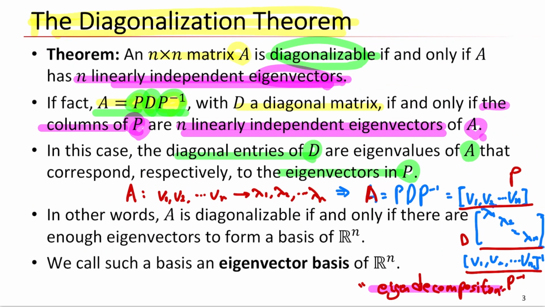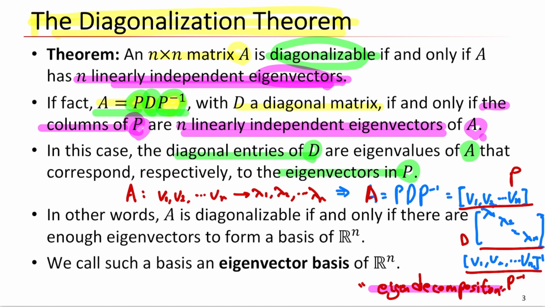So many applications that are based on linear algebra can be easily solved by this diagonalization theorem. If the matrix A is really hard to understand, but we can represent this matrix A as this eigenvalue decomposition, then we can easily understand each property and use this diagonal matrix D to make the computation tractable.